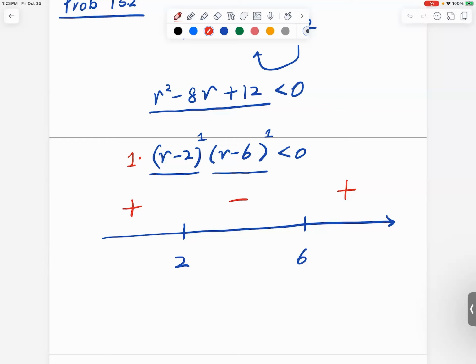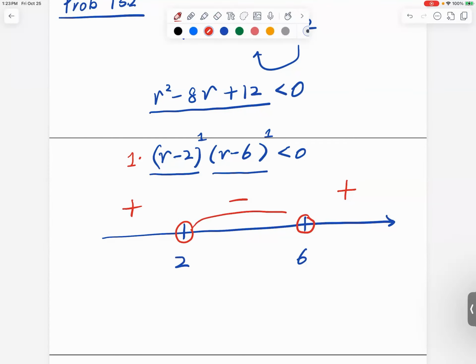Okay, so then you see, now we are interested in when the inequality is less than 0. So we cannot include the points 2 and 6. I'm just going to draw a circle over there, meaning these 2 points are excluded, okay? So the solution is this interval.